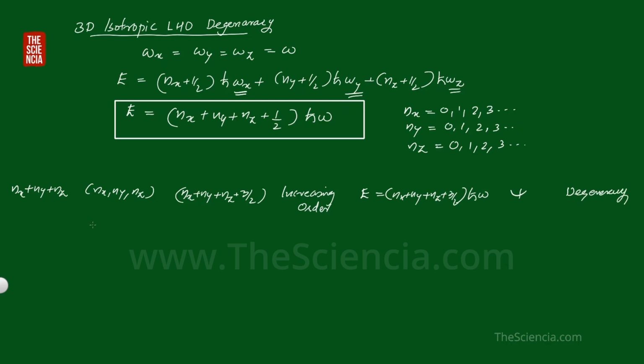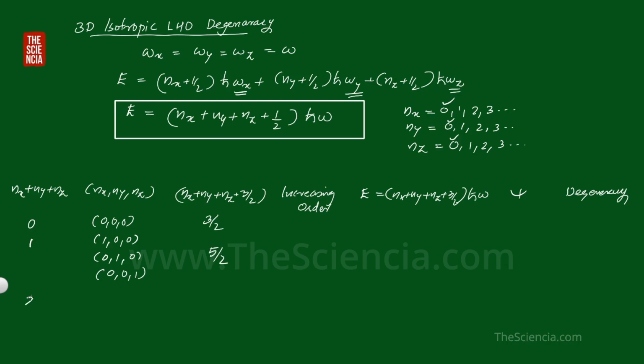Okay, so first I am taking nx is 0, ny 0, nz 0, so the sum is equal to 0, and these are 0, 0, 0, and this will be 3 by 2. Next one, nx plus ny plus nz equal to 1. So I can take nx 1, ny and nz 0, and I can take nx 0, ny 1, nz 0, and 0, 0, 1. So here I will get 1 plus 3 by 2, that is 5 by 2.